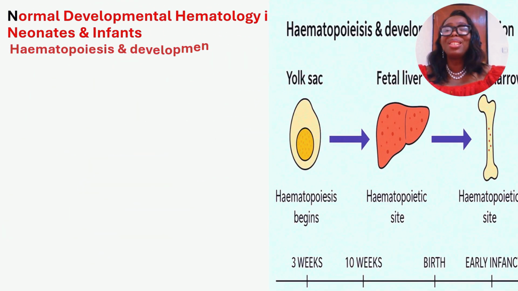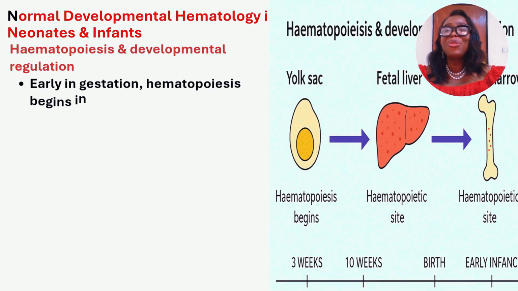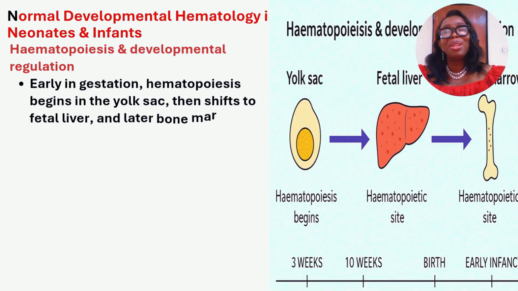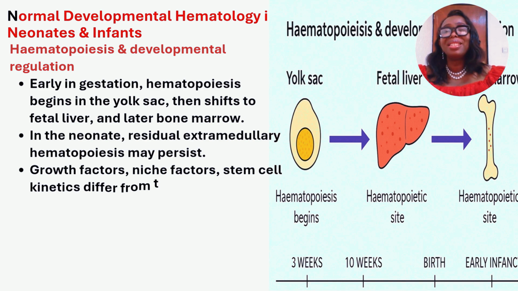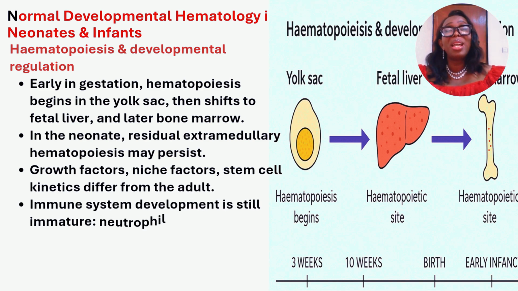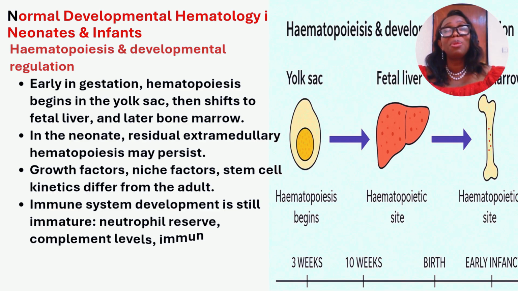Normal developmental hematology in neonates and infants. Let us have an overview of hematopoiesis and developmental regulation, because just as I said before, we have a detailed lecture on this. You can click on the link and watch it in detail. Early in gestation, hematopoiesis begins in the yolk sac, and we have hemoglobins that are responsible for carrying oxygen to the tissue.